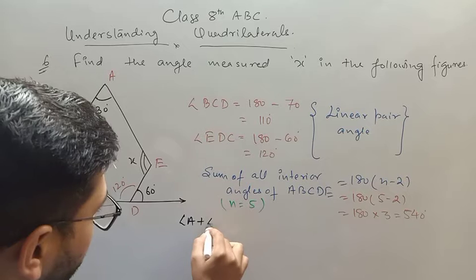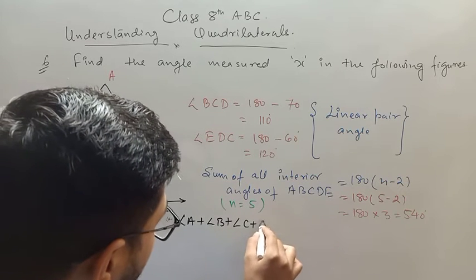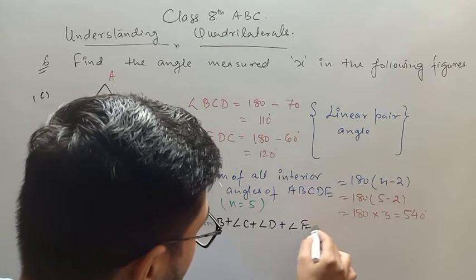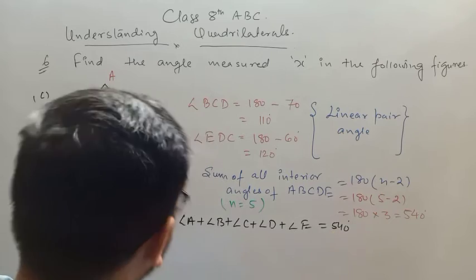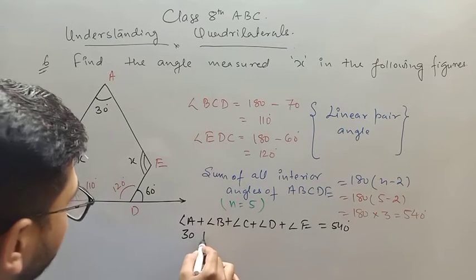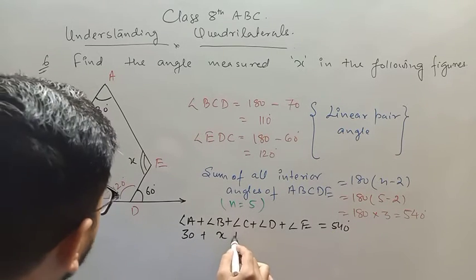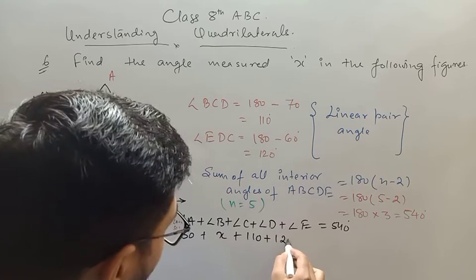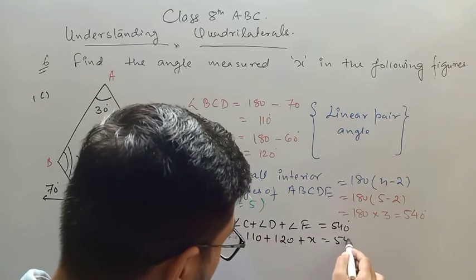angle A plus angle B plus angle C plus angle D plus angle E is equal to 540 degrees. Angle A is given as 30 degrees, angle B is x, angle C is 110, angle D is 120, angle E is x, and the sum is equal to 540 degrees.